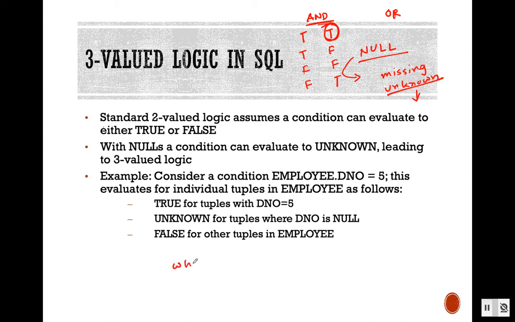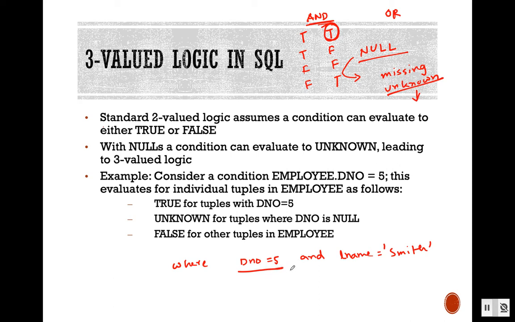Let's see, we have a condition where Dno equals 5 and Lname equals 'Smith'. How do we find the value for this conditional statement? First we find the value of each condition.